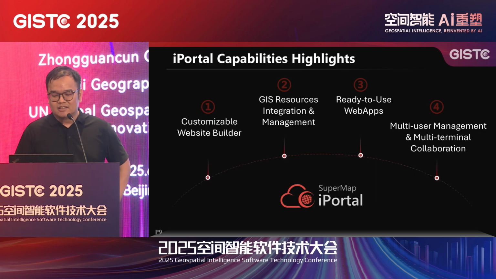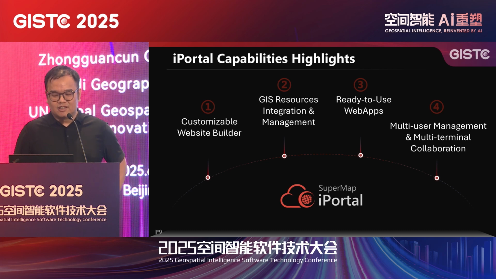These are some of the highlights of the iPortal. It's a very powerful website builder, where you can customize your web pages and quickly build your GeoPortal website. It's capable of integrating and managing all kinds of geo resources on this one platform. We provide a number of ready-to-use web apps so that our clients can quickly design, develop, and deploy their GeoPortal system.